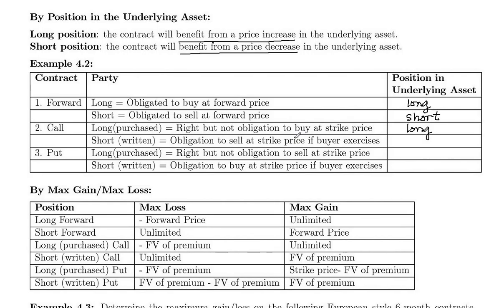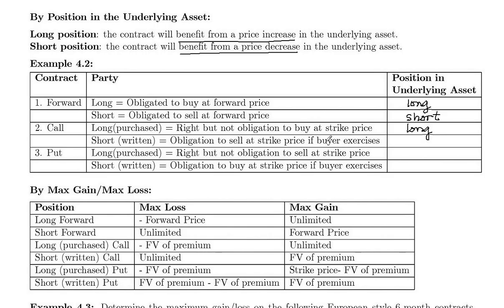What if the price goes down? So the strike price is 100, and say the market price goes down to 50. You've got an obligation to sell if the buyer exercises. If the strike price is 100 and the market price is 50, the buyer has a right to buy at 100, but they're not going to exercise.